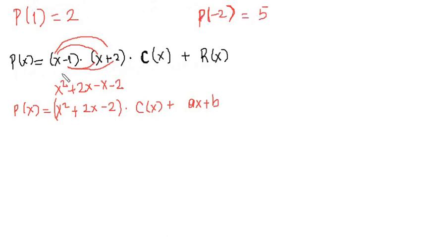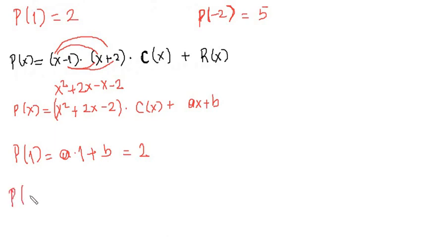So if you replace x with 1, p of 1 is equal to, so we have 1 minus 1, which is 0. So 0 times this whole expression is going to be 0. Then we are going to get p of 1 is equal to a times 1 plus b, which is equal to 2. We know that p of 1 is equal to 2.